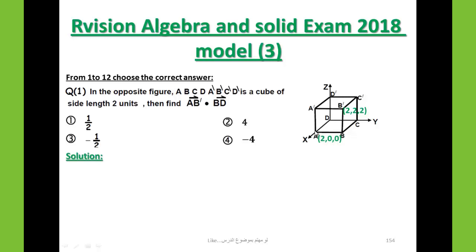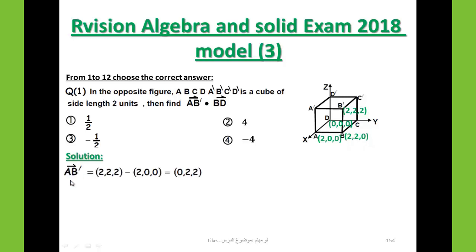A has coordinates 2, 0, 0 and D is 0, 0, 0. B has coordinates 2, 2 and 0.